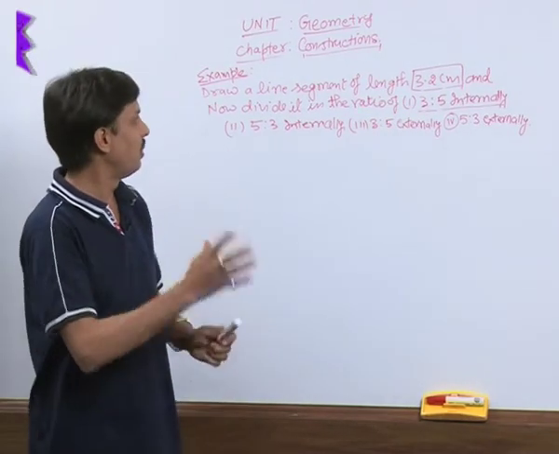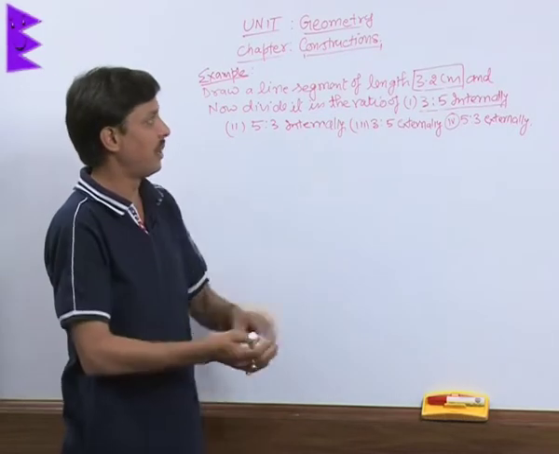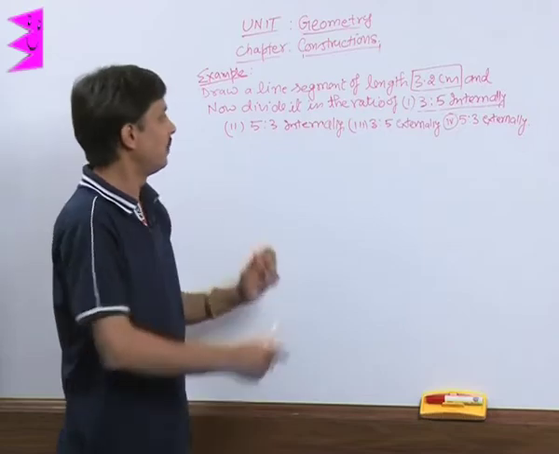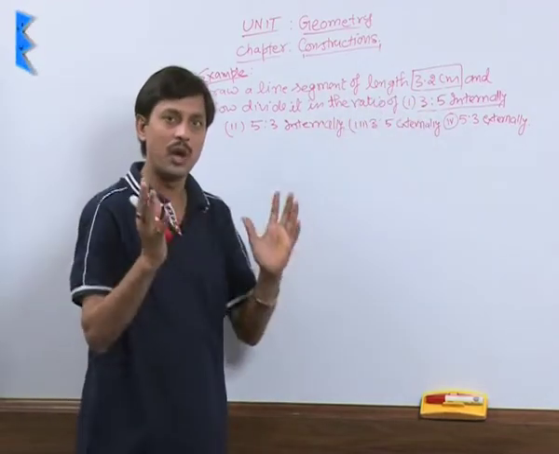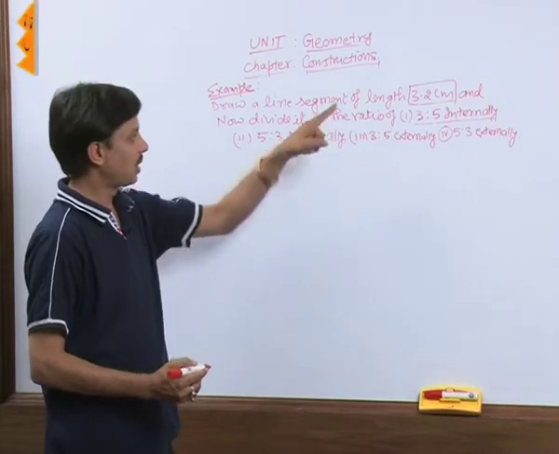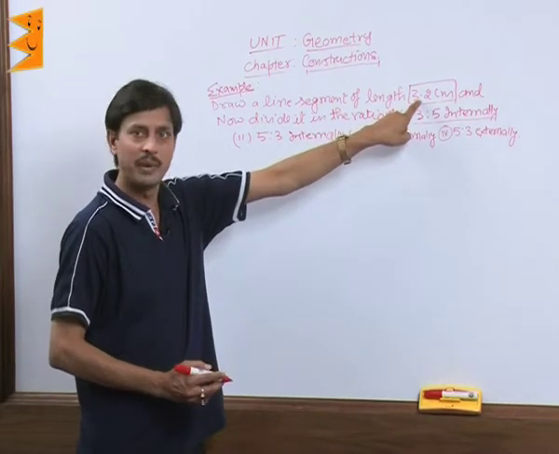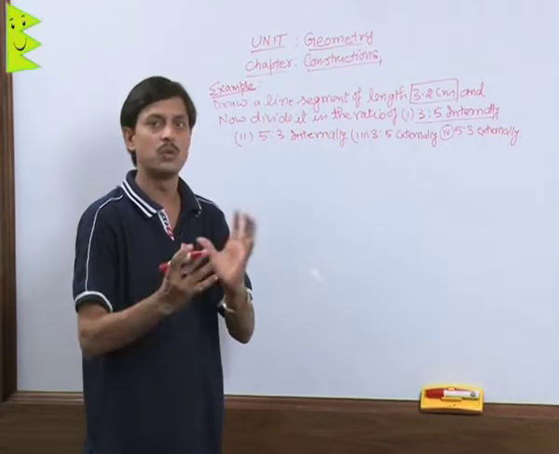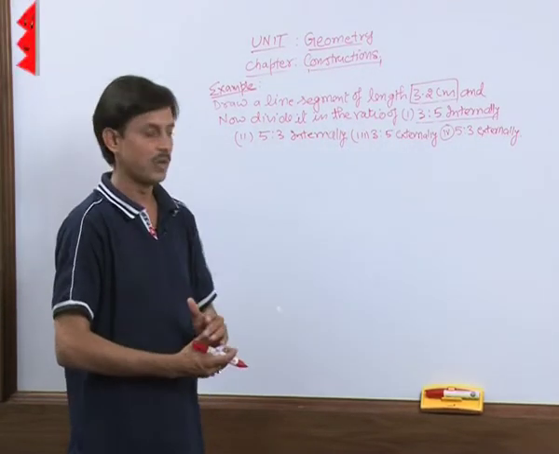Now, we will begin with how to separate a line segment of length 3.2 centimeter in the ratio of 3:5 internally.